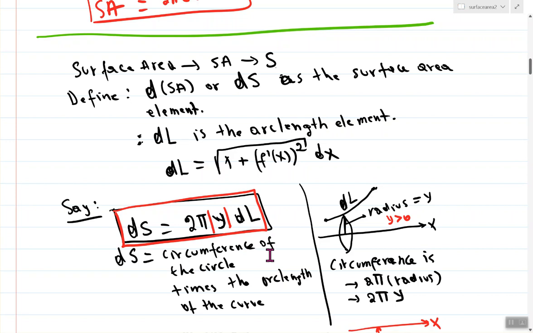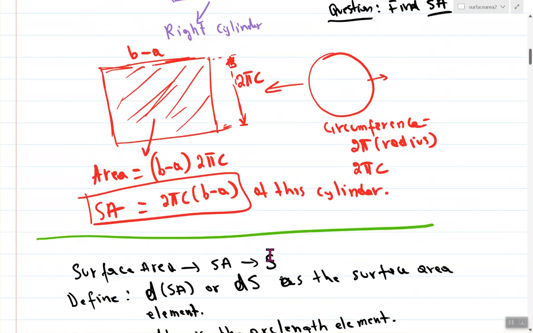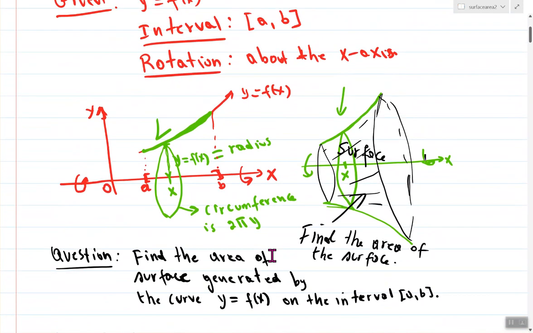So we're going to use the same concept when we're dealing with a different curve that is not like a horizontal line, this curve we are given here. So when you revolve this with respect to the x-axis, you're going to create this circle, and therefore you're going to find the circumference of the circle, because the radius is basically the function itself, f of x.